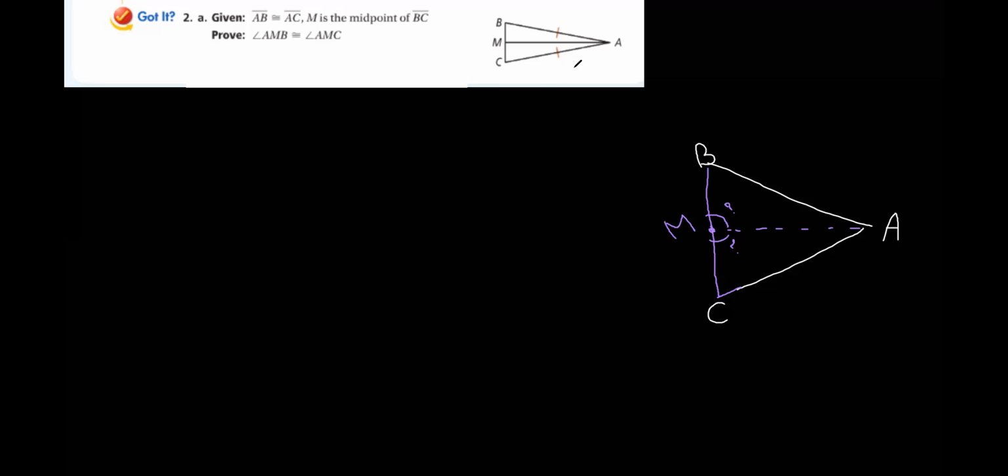So here, look, now go back to my triangle. AB is congruent with AC. It's given. Is it right?